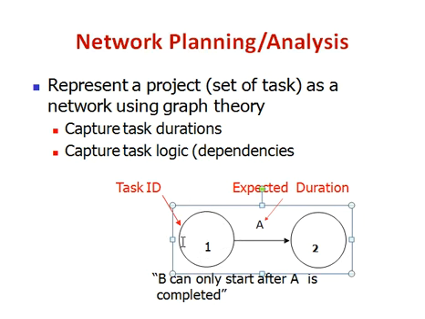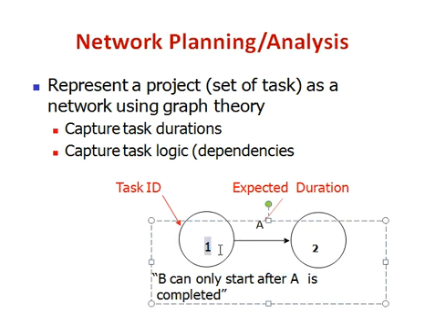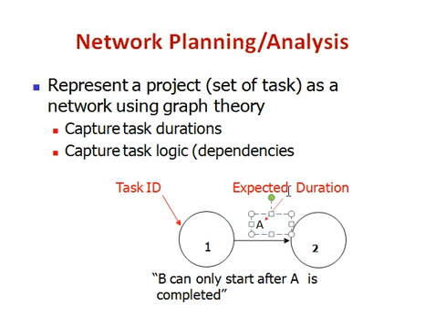As you can see in this diagram, node 1 and node 2 indicate events, and to complete this event from 1 to 2 we may require a certain amount of time, and that time, or activity time, is indicated here. That is our activity time, expected duration. These are the logical representations used to draw a network path for any work to be represented as a network.